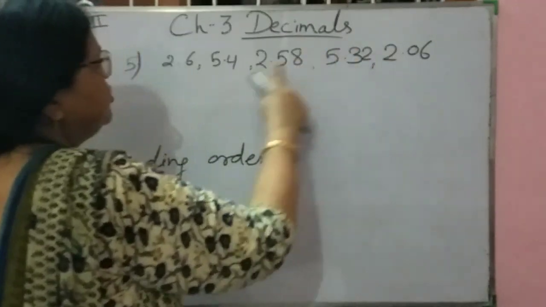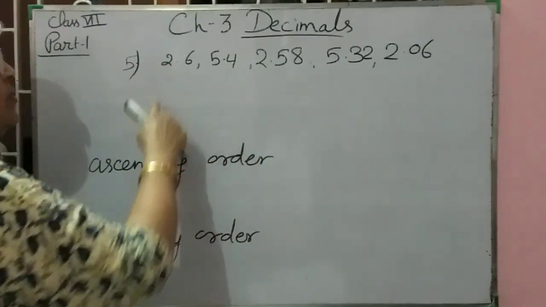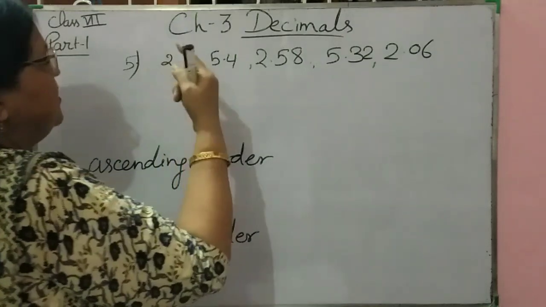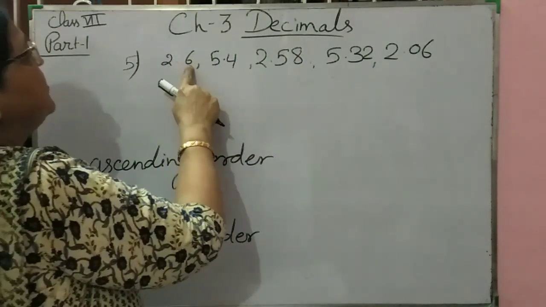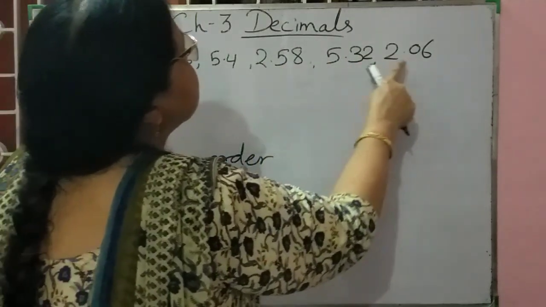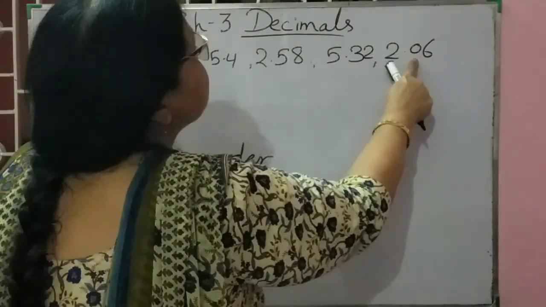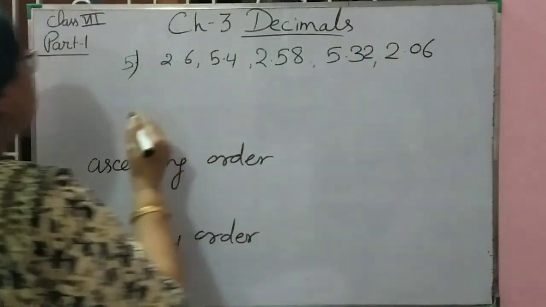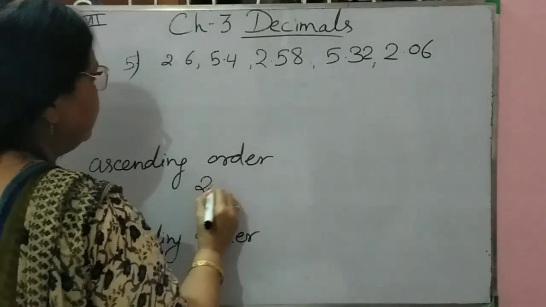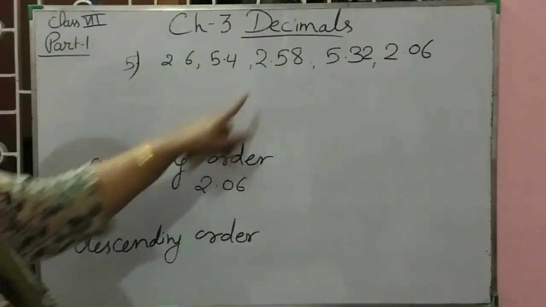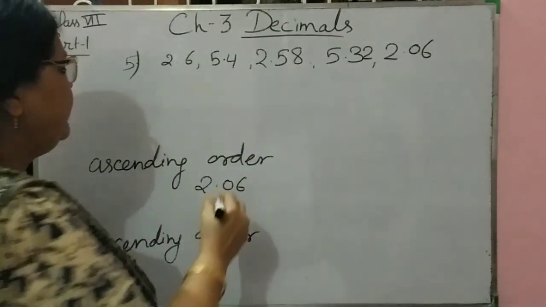Whole number 2 in these 3 numbers. But next you will see 10th place is 6, is 5 and there is 0. So this one is smaller. 2.06.